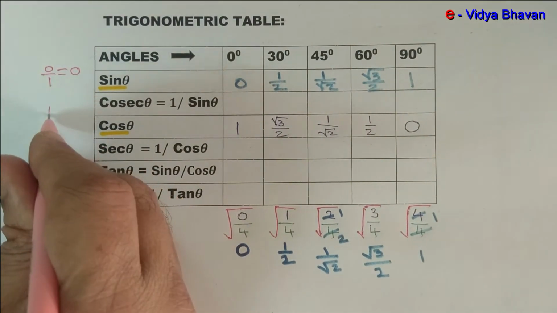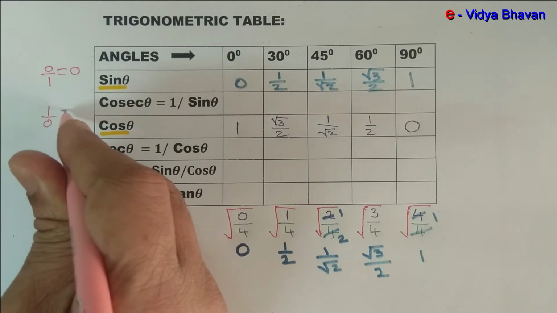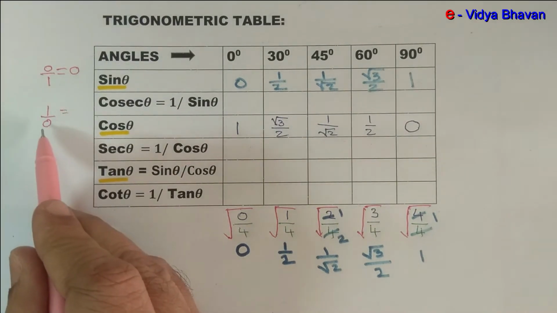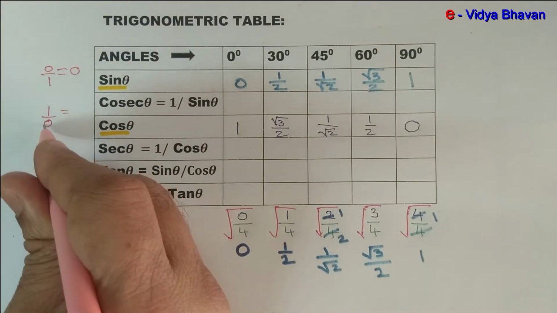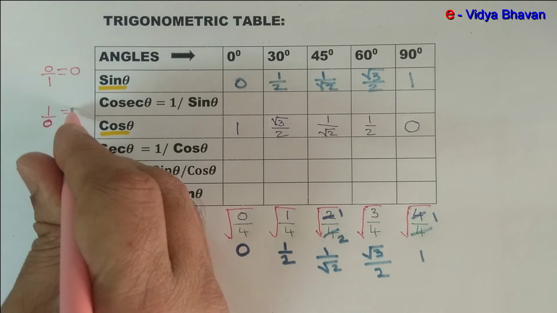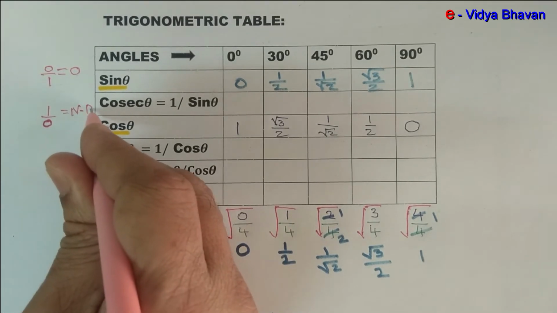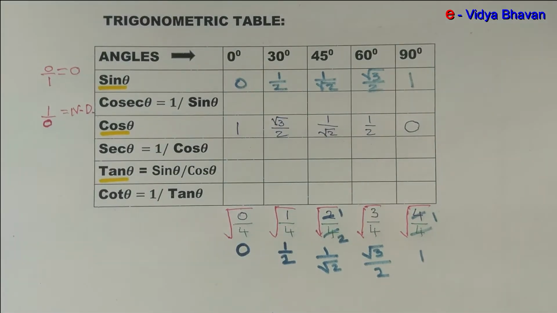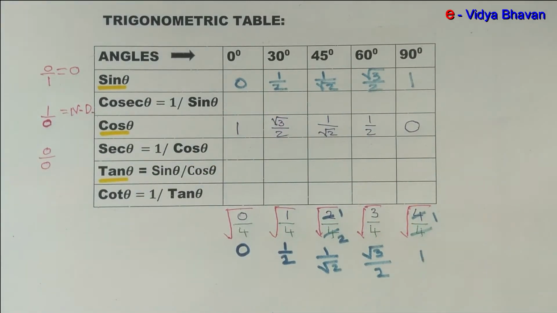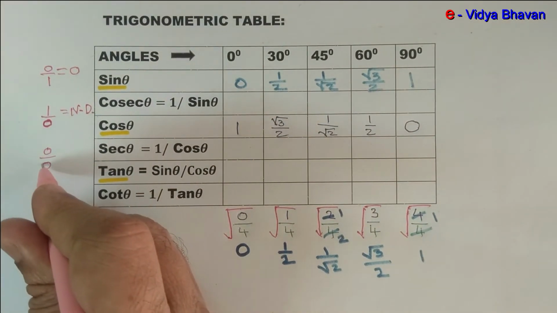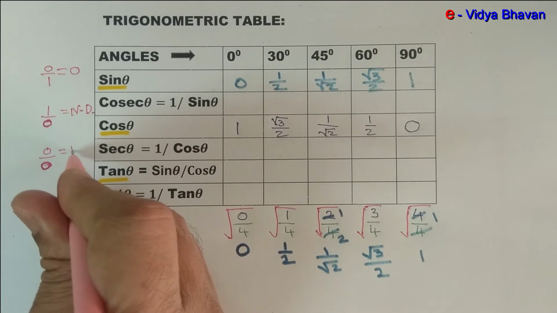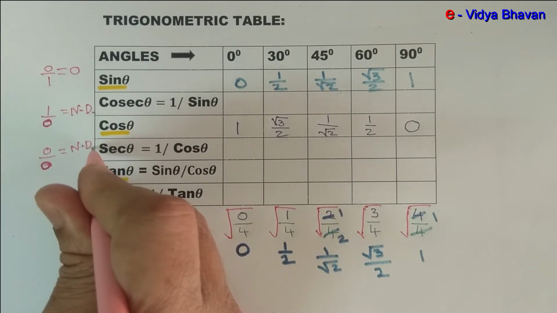Next, 1 upon 0: the numerator is any number, but if the denominator is 0, then it is not defined. 0 upon 0: here also the denominator is 0, so again we get not defined.